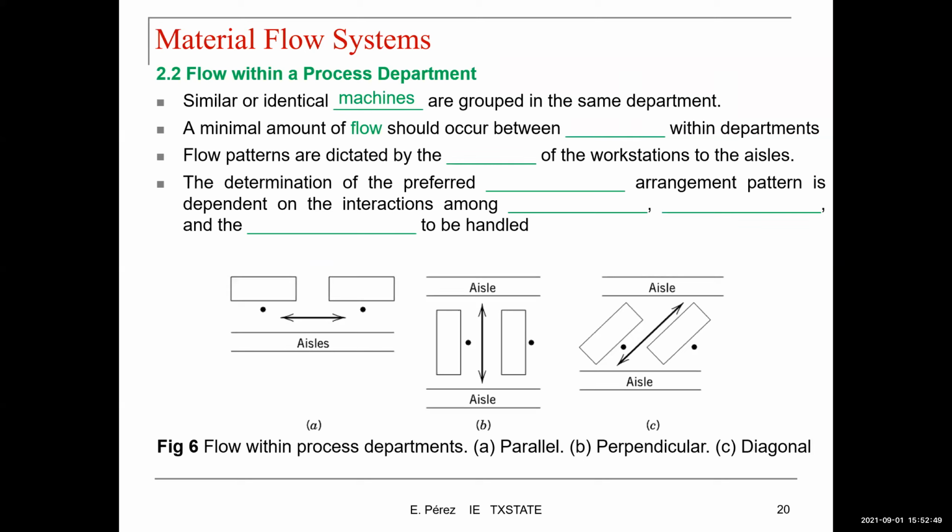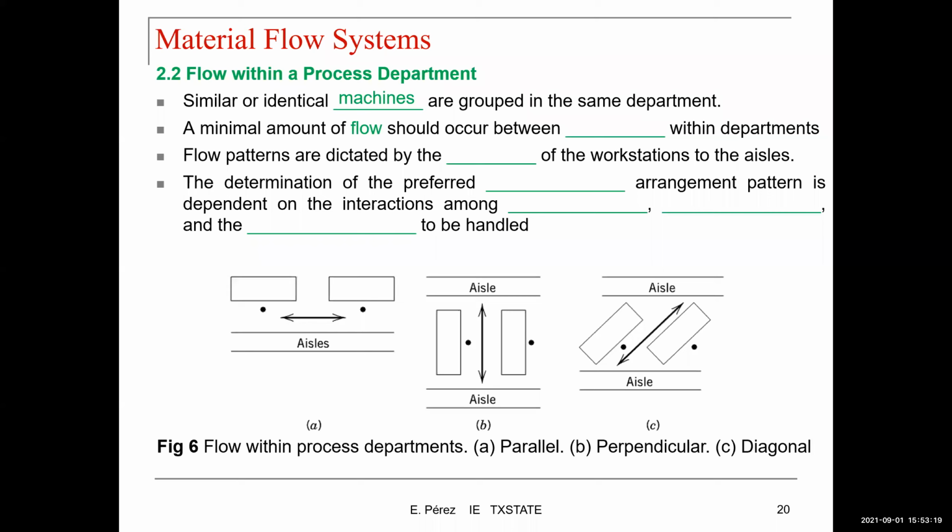So now instead of starting and finishing the product in the same department, you're taking the product into different departments in order to complete the process. If you have to do some drilling, you have like 20 drills in one department, you take the product there, do the drilling, and then move it to a different department to complete the process.